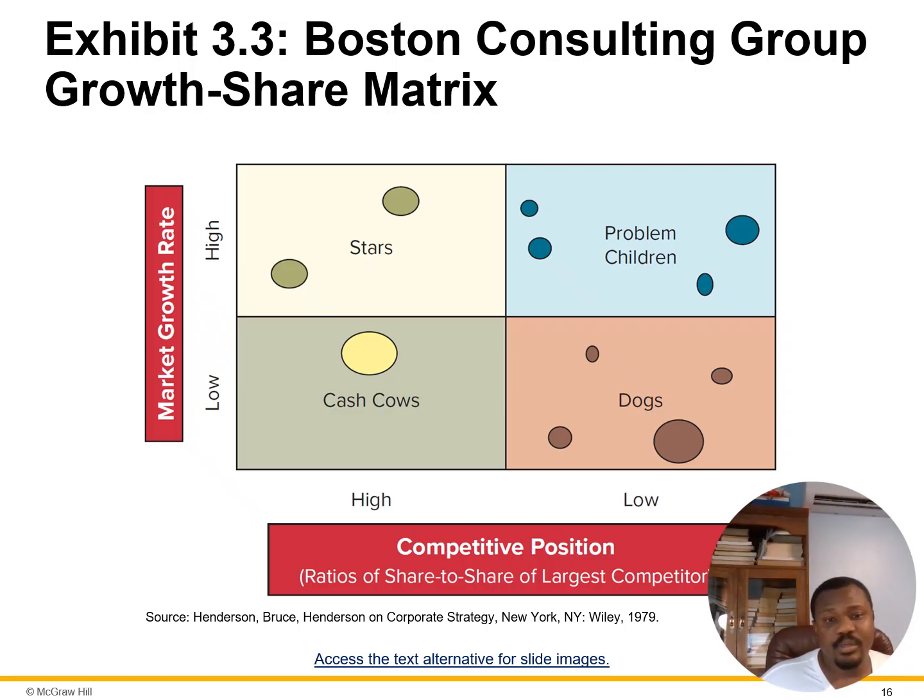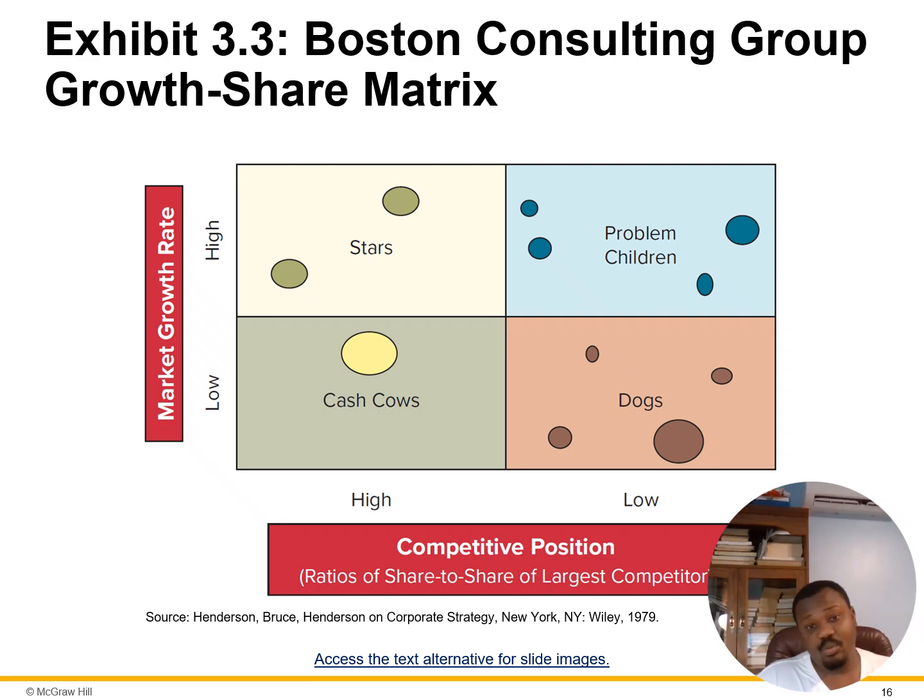Cash cow is a product that has high shares but low investment. We have the dogs, a low area, low investment, low shares. And then there's the area with high investment but low shares coming in. So this is the matrix.